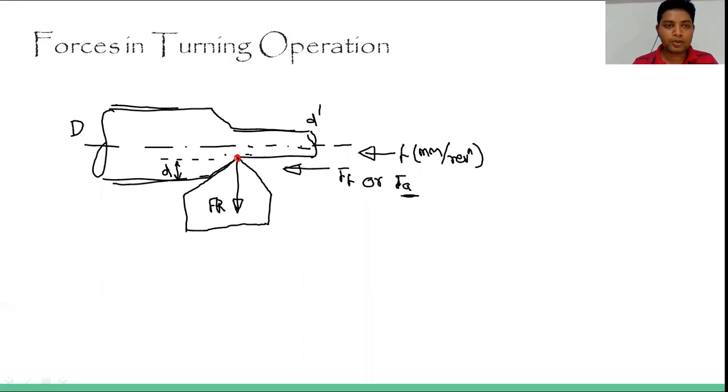right now it will look like a point, because that is perpendicular to this plane. If we talk about this area, in this area the tool and the workpiece are in contact, and from that only the material is coming out, in the form of chips. That force is perpendicular to the plane, and because of this only the chip is coming out.